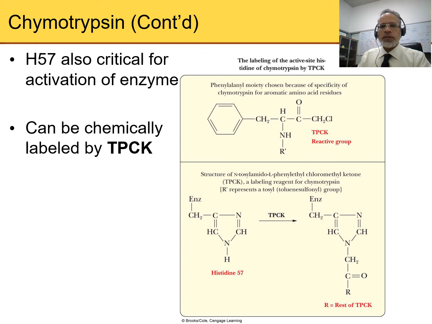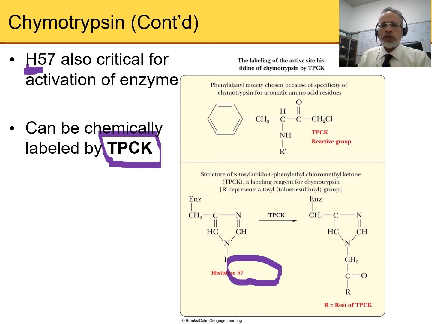And then they did some more experiments. They used a different compound called TPCK. This is again another compound that reacts specifically with histidines. So what they found is that if you add TPCK, then chymotrypsin becomes inactive again.